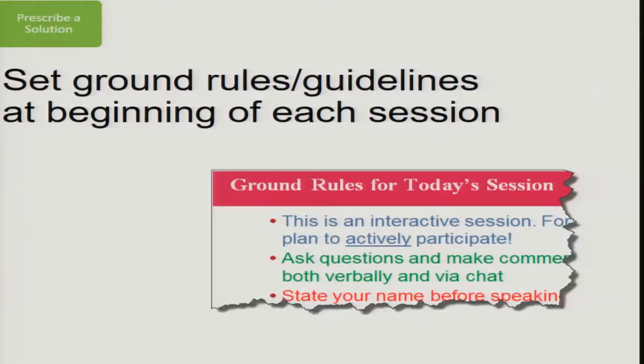And then when you join a session, and we'll talk in a couple of minutes more about what should happen at the start of a session, but one of those things to do is to set ground rules. How many of you in your in-person classes, when you're facilitating, design in some sort of time for an agreement or a partnership or ground rules?